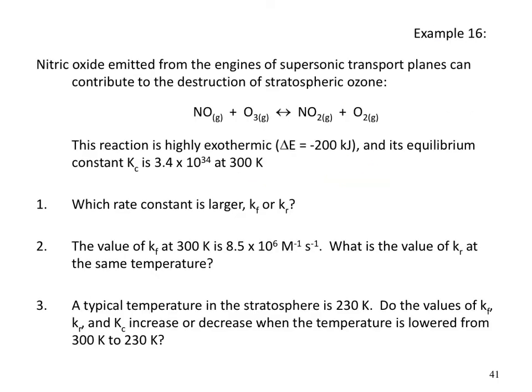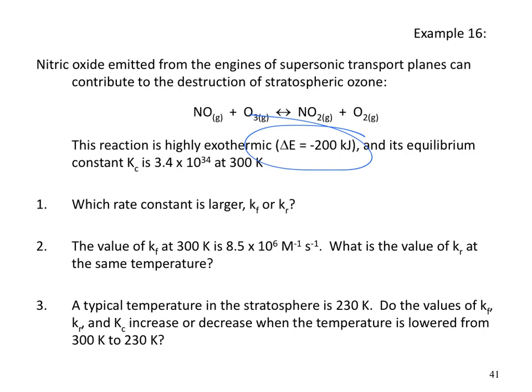The question is, the nitric oxide emitted from the engines of supersonic transport planes can contribute to the destruction of stratospheric ozone. And the equation is given. This reaction is highly exothermic, so that value is given as well. And its equilibrium constant Kc is 3.4 times 10 to the power of 34 at 300 Kelvin.